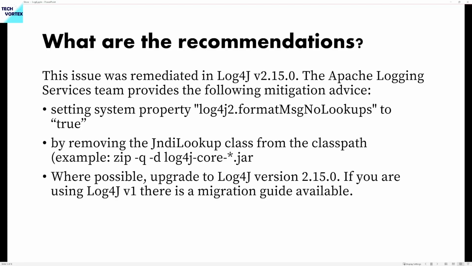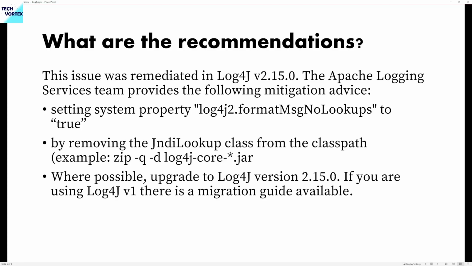So remember, if you have Log4j version 1, you may not be subject to this vulnerability, because as far as I know, the Log4j format message lookup is not supported in Log4j version 1. However, Log4j version 1 has been end of life since 2015, so it is not immune against dozens of other vulnerabilities and critical RCE vulnerabilities.